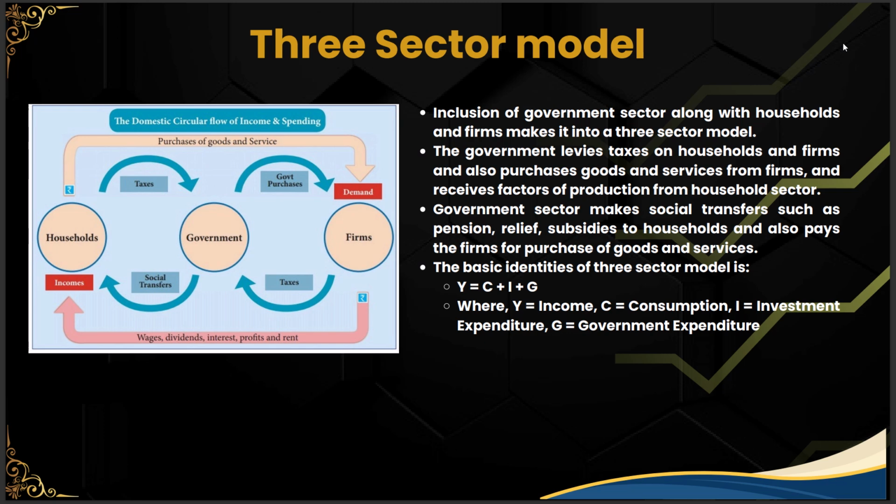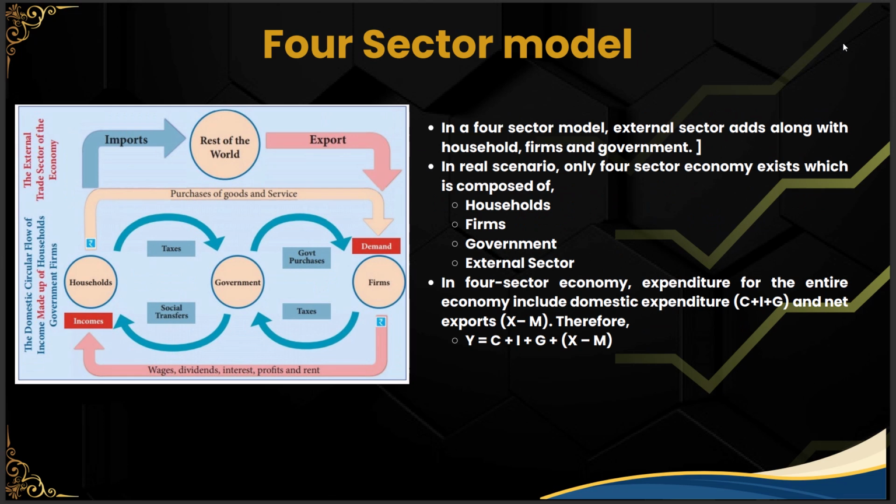It might play a role, but its value is negligible. So the formula can be said as income equals consumption plus investment plus government spending, which gives the income of the three-sector model. Coming to the next, the four-sector model, this is very important again, because this is how current societies run.